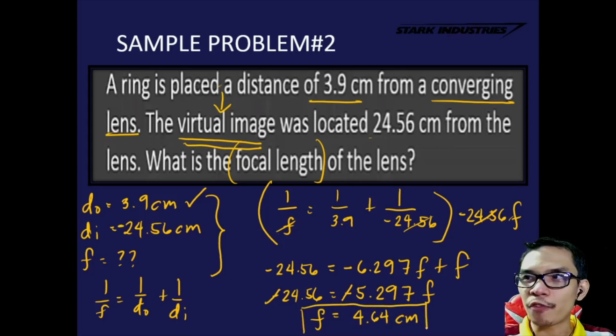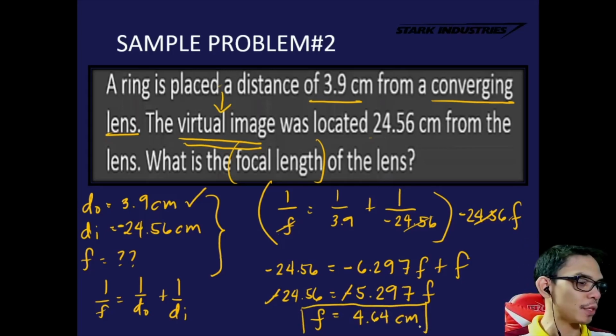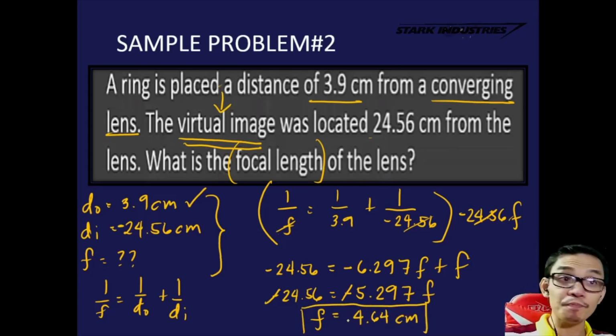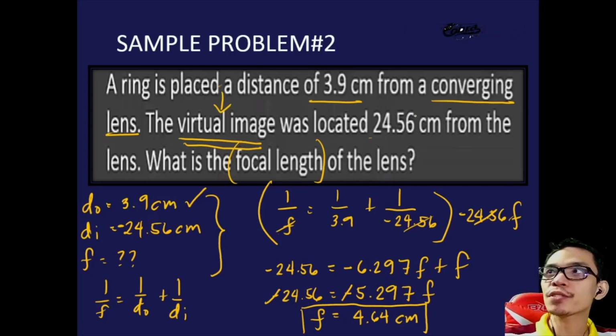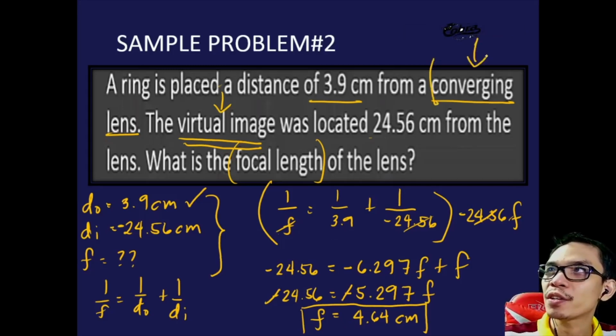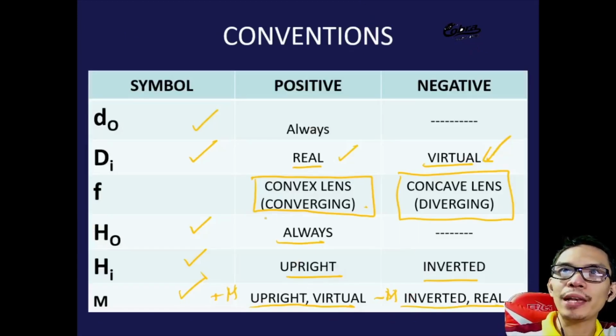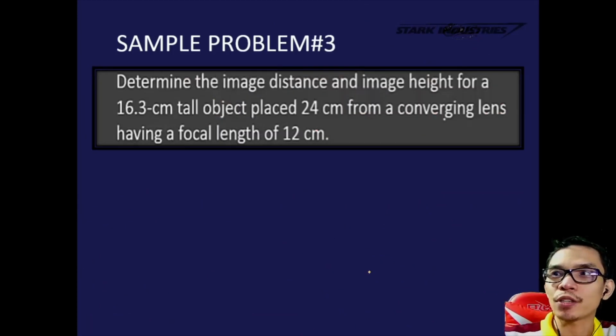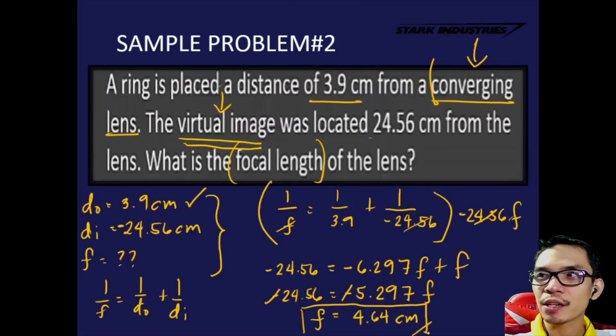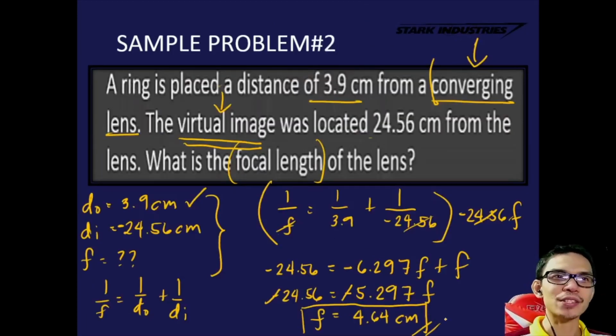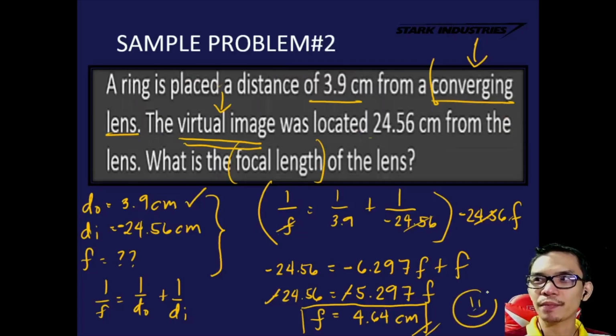So that was our focal length, 4.64 centimeters, and it is positive. A positive focal length is a convex lens or converging lens. So our answer here is correct.